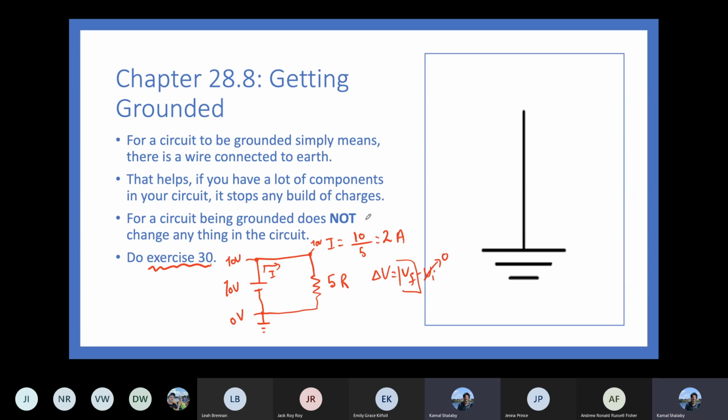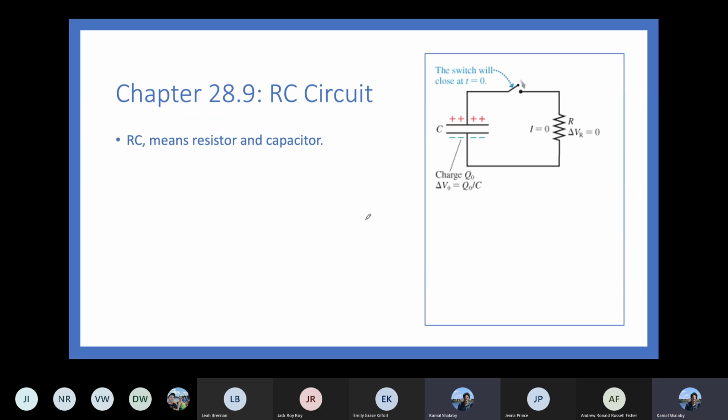Okay, now we get to the big boys, the RC circuits. The RC just basically means resistor and capacitor circuits. And what happens is if you get a capacitor filled with charge in it, you do have positive charge on one side and negative charges on the other side.